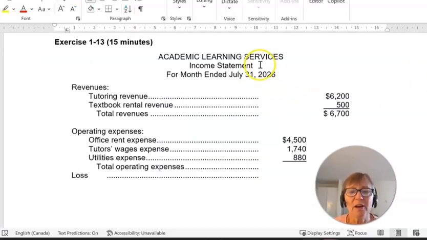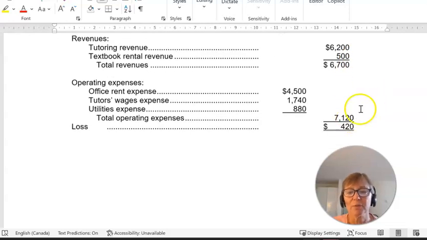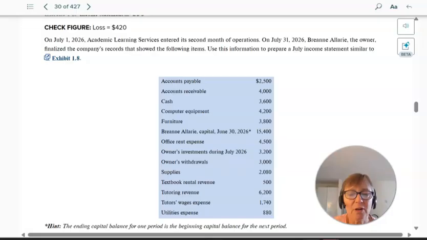Okay, so we've got our income statement for the month of July 31st. We have revenue. We have two revenues, right? Our revenue from tutoring and our textbook rental revenue to give us our total revenue. Then we have the three operating expenses, because if you remember, there were two down here at the bottom, but then there was another one up here, office rent expense.